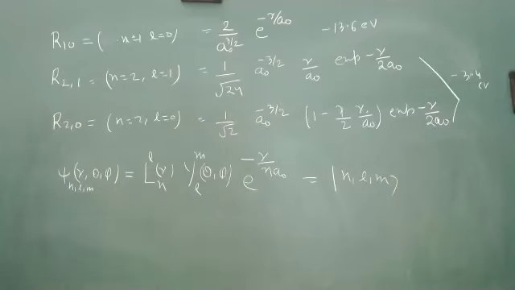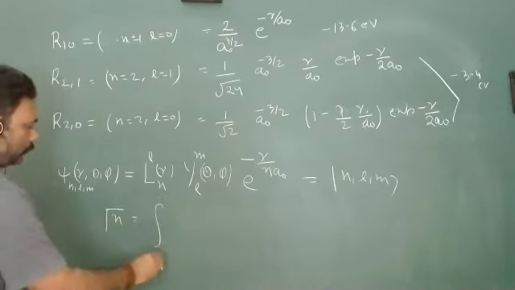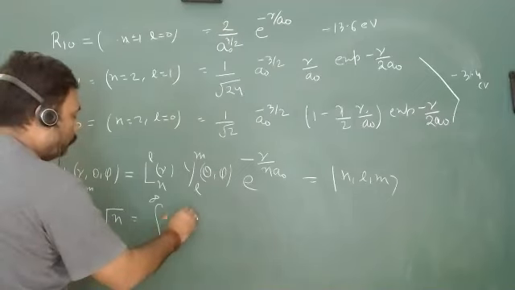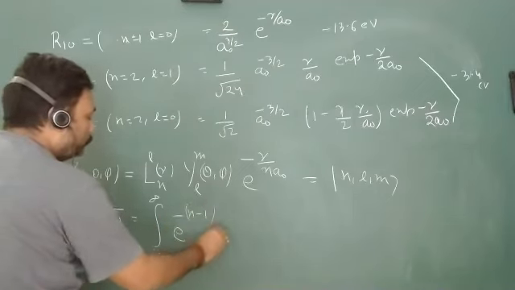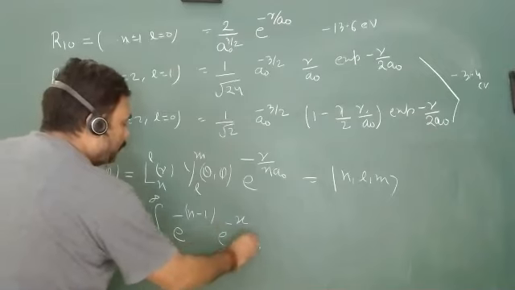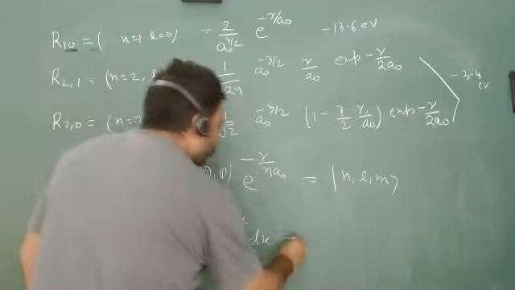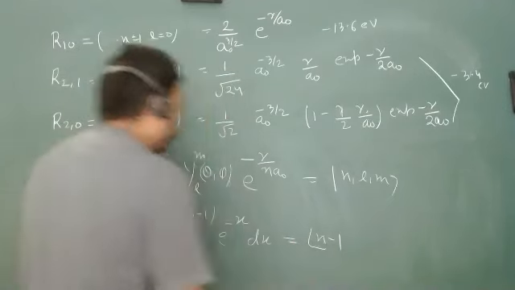To solve different types of problems, you need one integration, and that integration is very important. You have to remember gamma n, which is the integral from 0 to infinity of x to the power n minus 1, e to the power minus x, dx. This is your gamma n, and this value is equal to factorial n minus 1.